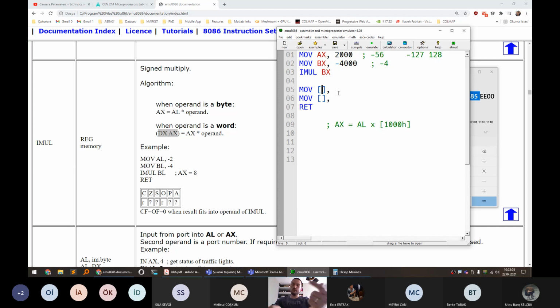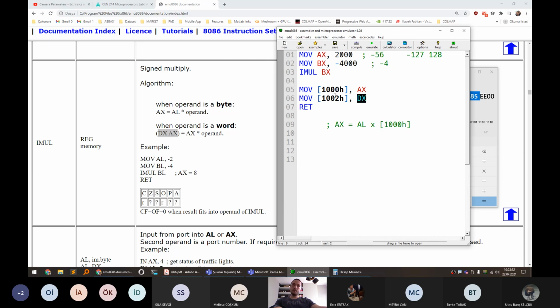The lower part will be written into memory first. For example, I'm going to write the lower part into 1000H, and then the upper part. The upper part is DX, and AX is, remember, a 16-bit word which will be stored in 1000 and 1001.